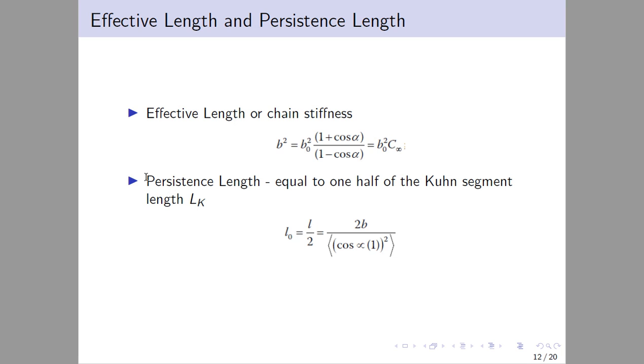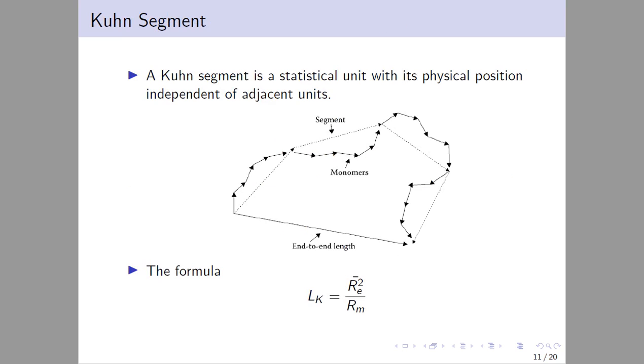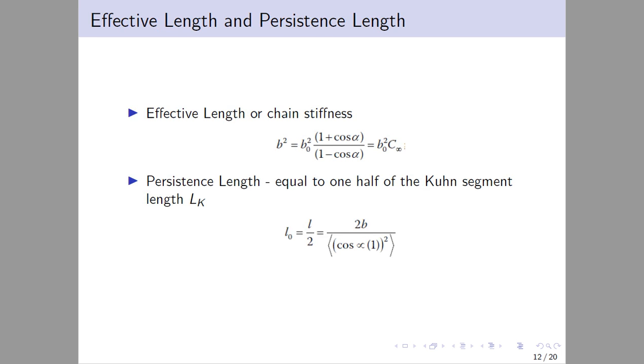Okay, so this one is, again we can say that these are the average length of the Kuhn segment. Okay, persistent length, this length we can see. Okay, so from this we can estimate, from this calculation or from this formula we can calculate how big is the polypeptide.